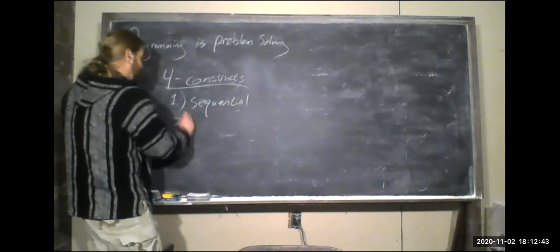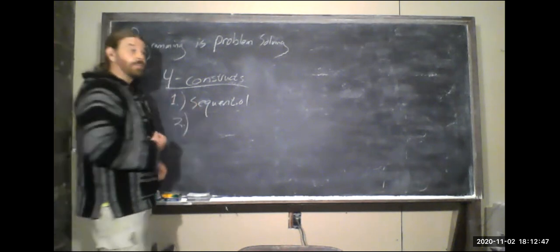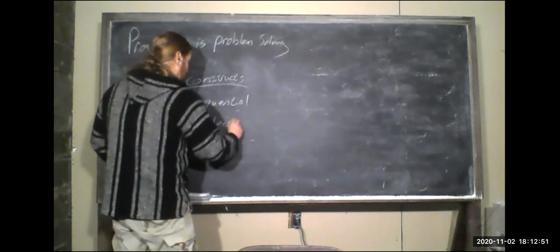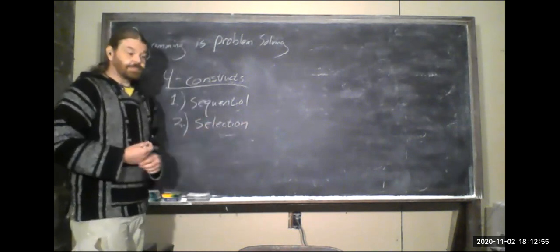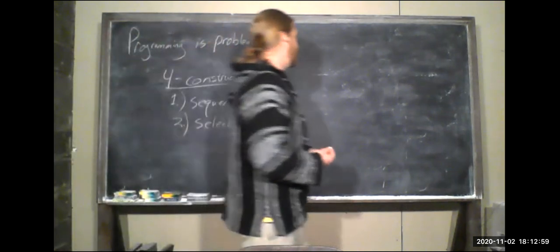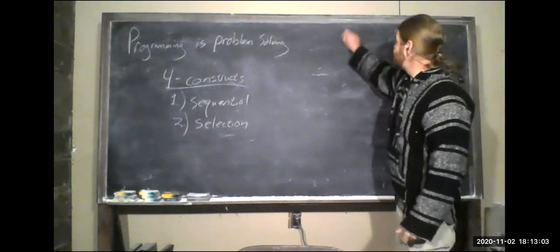The second sort of tool that we need in order to solve a problem is some sort of selection tool. And that's what we're going to be looking at tonight. Ways to make choices. You might remember back in your SDEV 120 class when we were doing everything with the flowcharts.